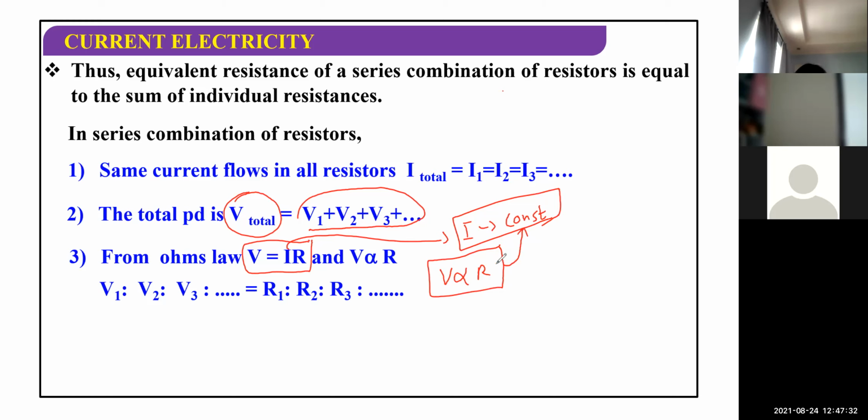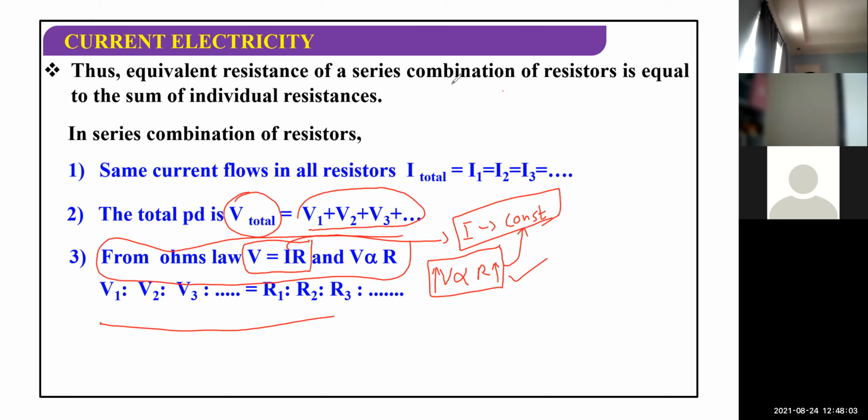If I increase the resistance in series combination, the voltage will also increase. With a proportional relation, I can write the ratios V1 : V2 : V3 in the form of their resistances. But you have to focus on this: V is proportional to R in a series circuit when the same current flows through each component.